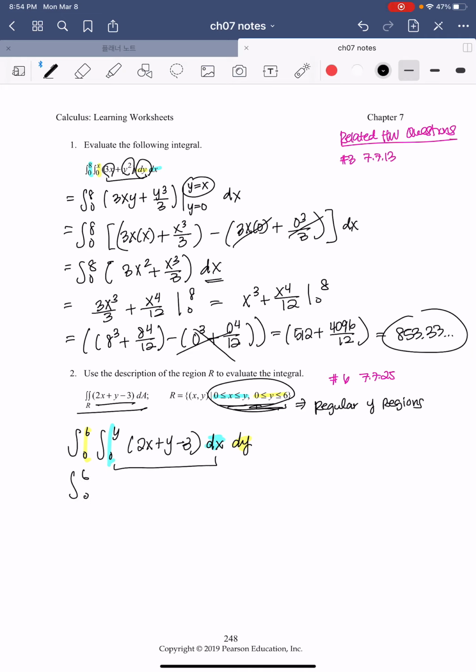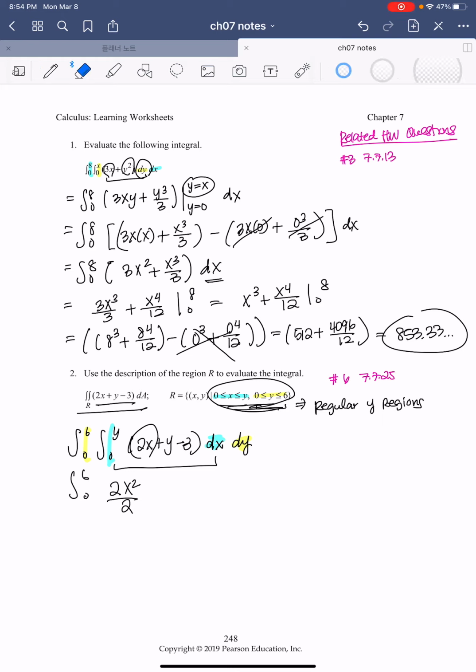Right over here, now we are taking the antiderivative with respect to x, so the y variable is constant. So for this one, I gain a power divided by the new power. So I'm going to have 2x squared divided by 2.